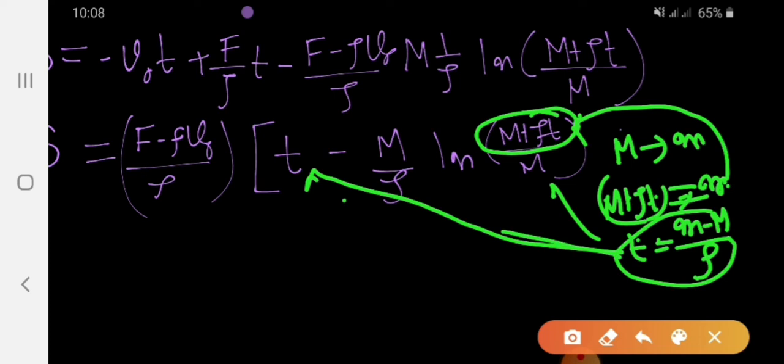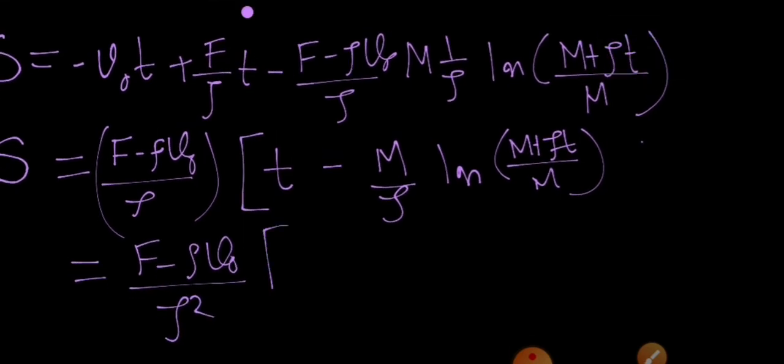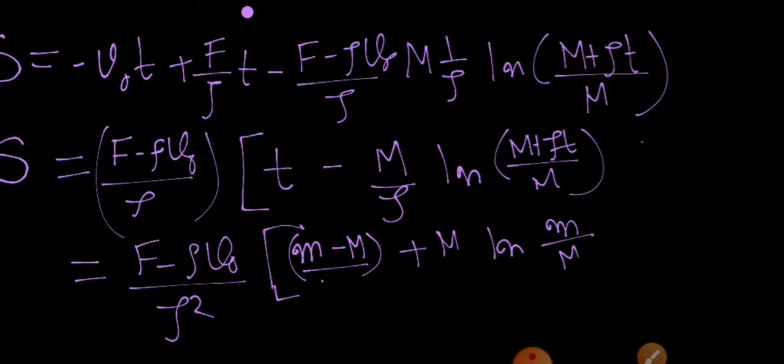I'll get the equation as s is equal to (f minus rho v naught) by rho square, and in place of this it comes out to be equal to (m minus M) by rho, which I have taken outside, plus M into ln of m by M. As you can see, one rho I have taken outside.